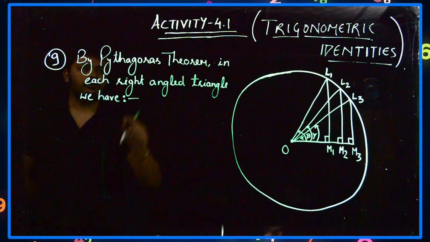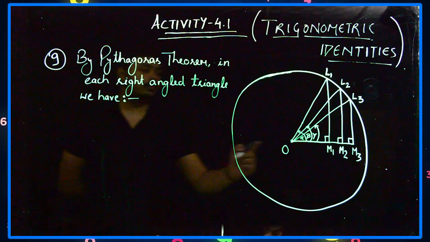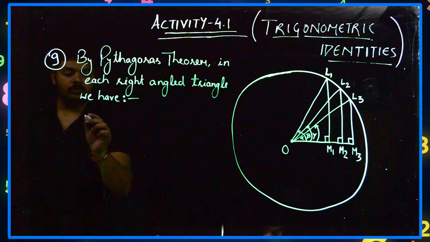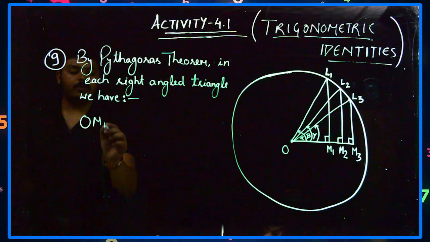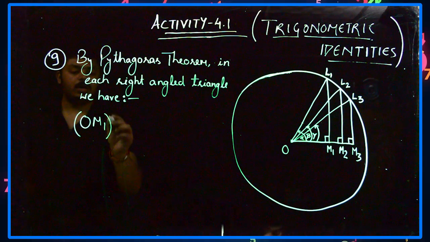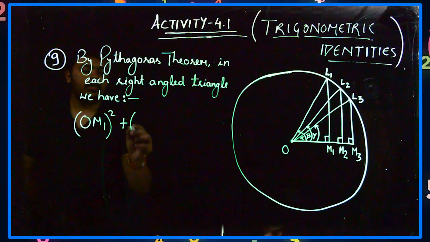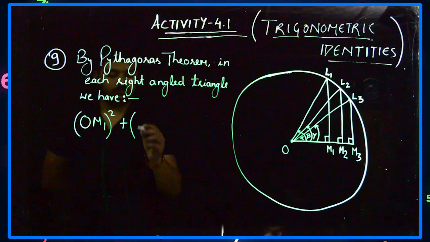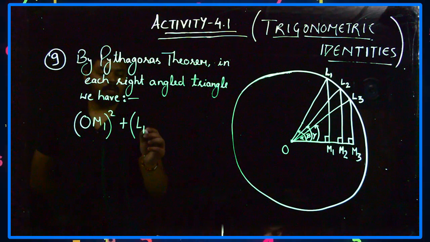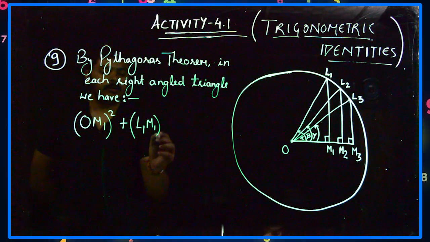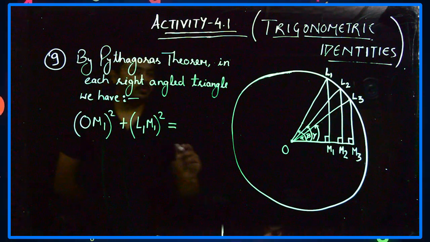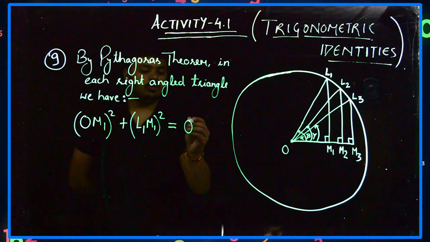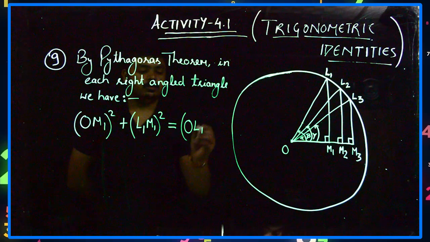The base of the first right angle triangle is OM1, so OM1 square plus the perpendicular M1 L1 square is equal to the hypotenuse OL1 square.